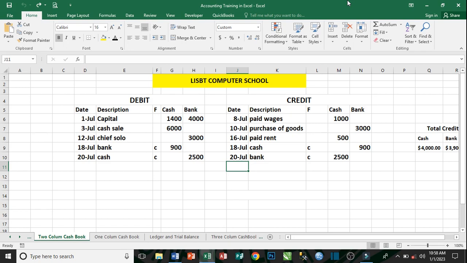So we're going to type here July, 22nd, 2022. What happened on July 22nd? General expense. That's what we did. So we say general expense.